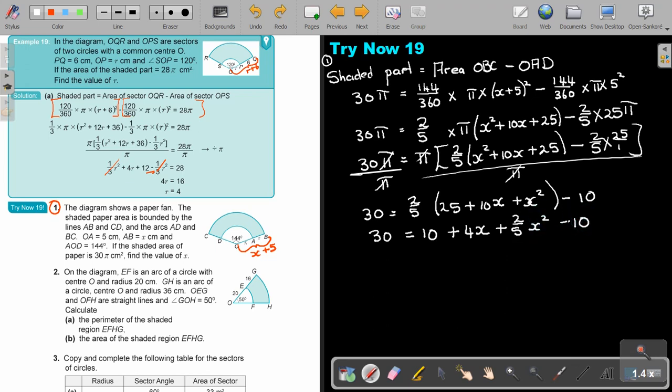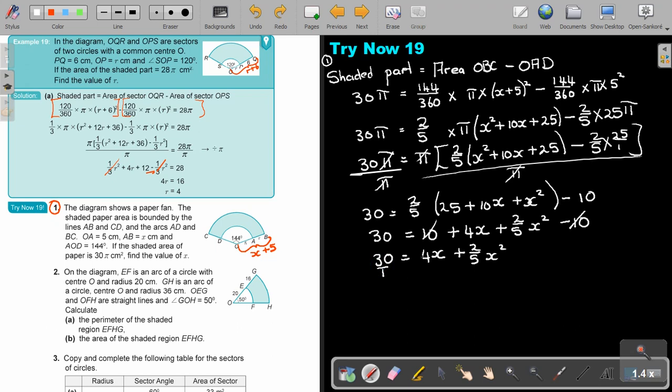Basically, if I simplify this, I get 30 equals 4x, because those 10's cancel out, plus 2 over 5 x squared. Now, I don't want fractions, so how do I get rid of fractions?